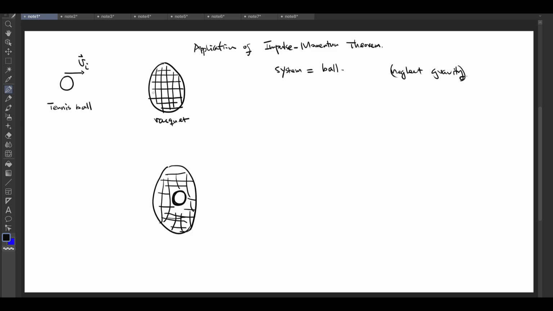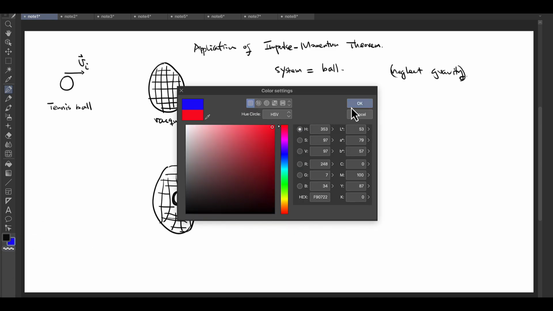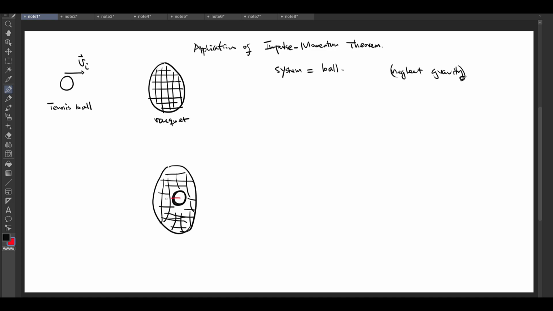Now we know that the strings on the racket are like springs, right? So when you stretch them, they can give a reaction, so that there's a reacting force on the tennis ball. So at this instant, let me draw the force. That force is due to the string, kind of like a spring force. And the more the deformation of the net of the racket, the larger the force.